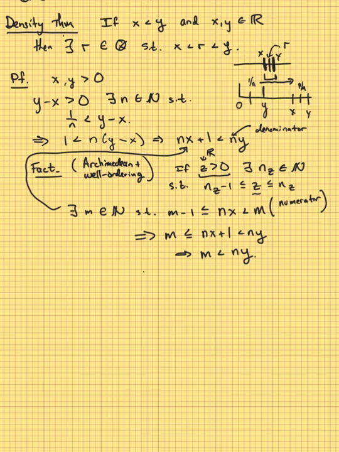Therefore, we get that nx is less than m and is less than ny, and now dividing everything by n, we get that x is less than m over n, which is less than y. Okay? So this is my rational number between them.